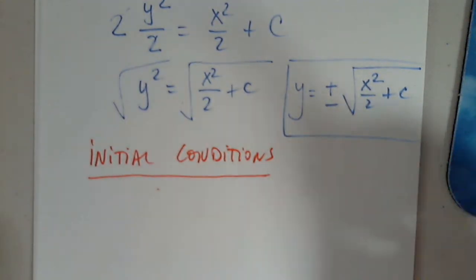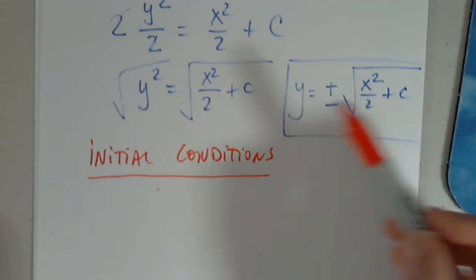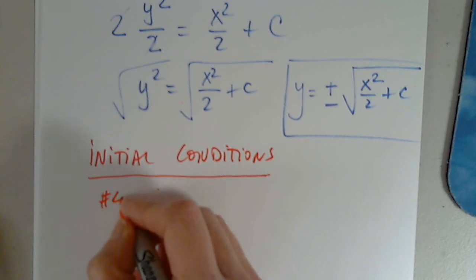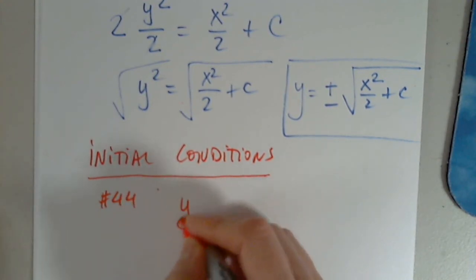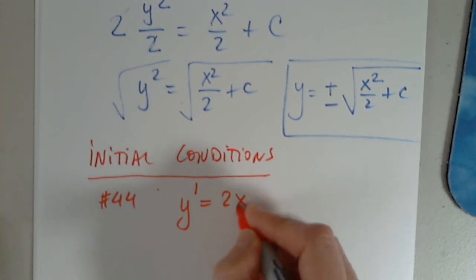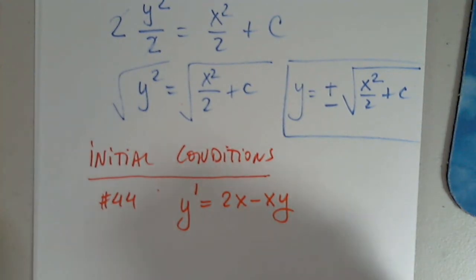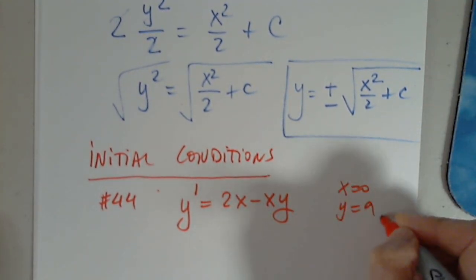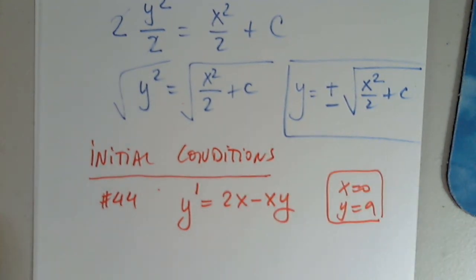So the initial conditions are given to us to determine the constant. So let's look at a situation with initial conditions like 44. We have y prime equals 2x minus xy. And we are told that y is 9 when x is 0. And that will help us determine the constant.